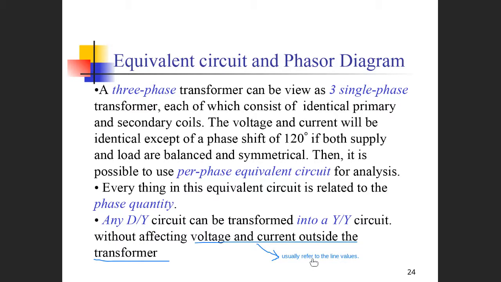Okay, so these words mean that generally we describe a transformer in practice.